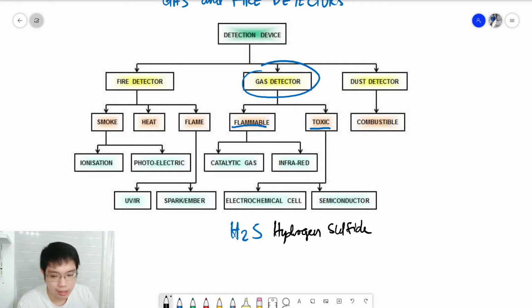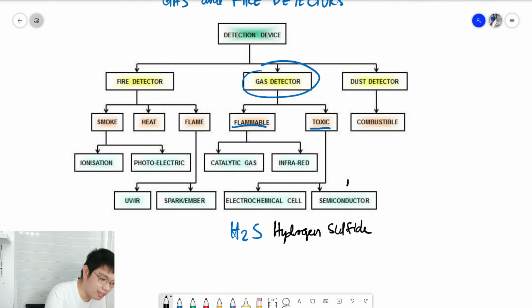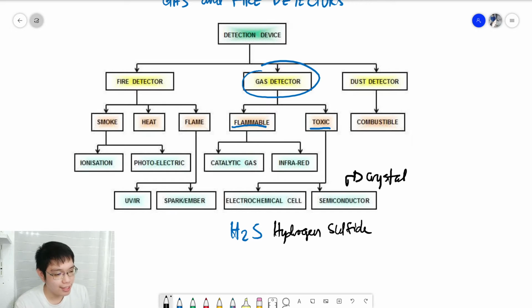Another is the semiconductor type, wherein there's a crystal inside the circuit, which absorbs hydrogen sulfide molecules from the atmosphere, and once it does, the resistance value of that crystal changes.